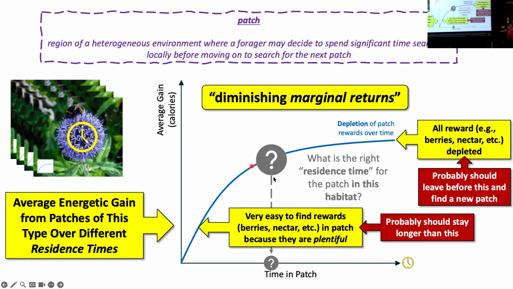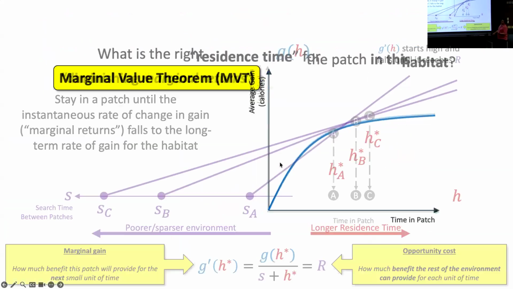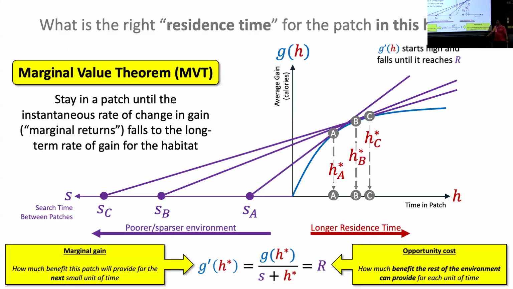And how do we predict that time? We used this marginal value theorem, where this down here was our Holling's disk equation. If we maximize this relative to time in the patch, then we get this relationship where the derivative, the change over handling time of the patch, ends up equaling the rate of return you get back from the whole environment.